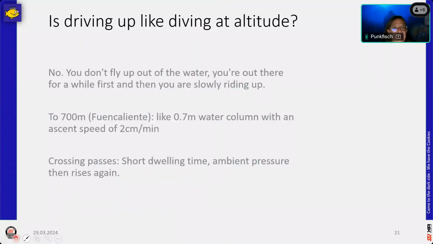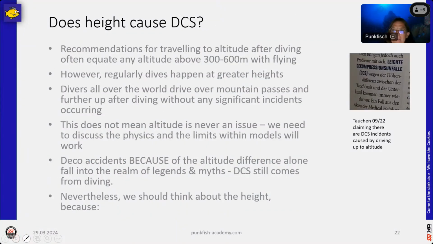Okay. Let's get it. And yeah, then we have one last little thing about altitude, and this is that very often, or we read this, I don't know if this is a very typical German thing or if you read it somewhere else as well, but it happens really frequently here, that when someone drives uphill after a dive and then gets DCS, what does happen?